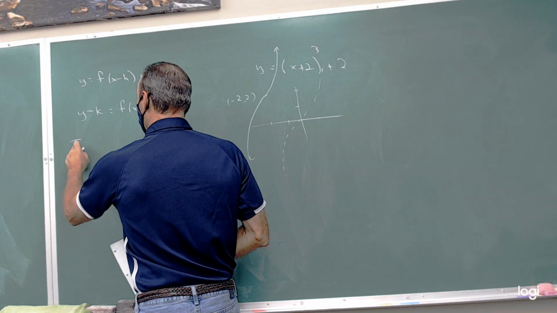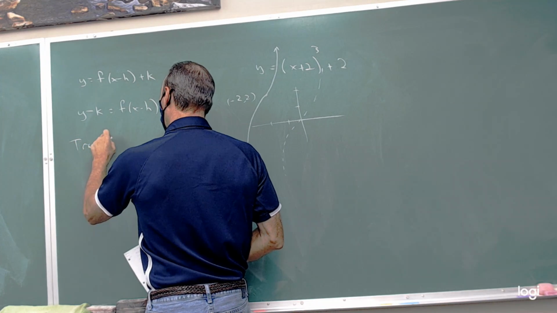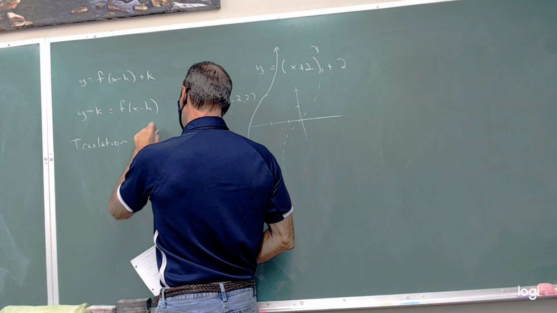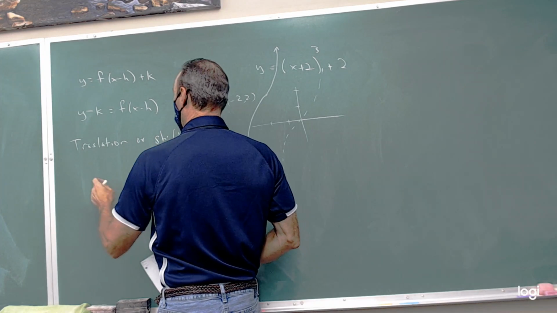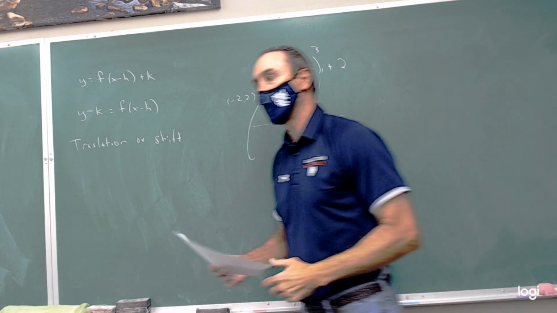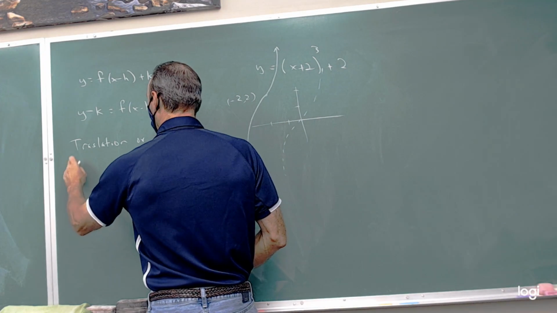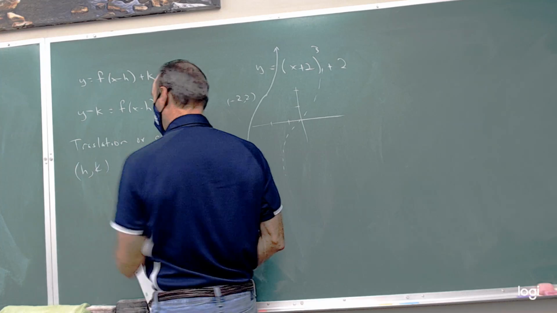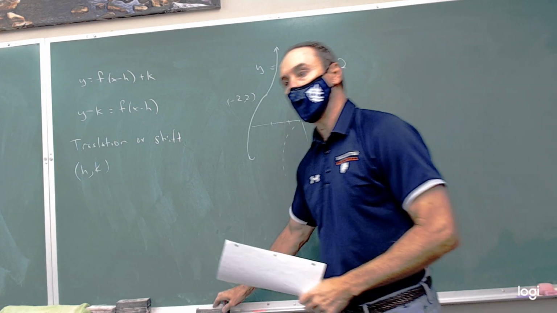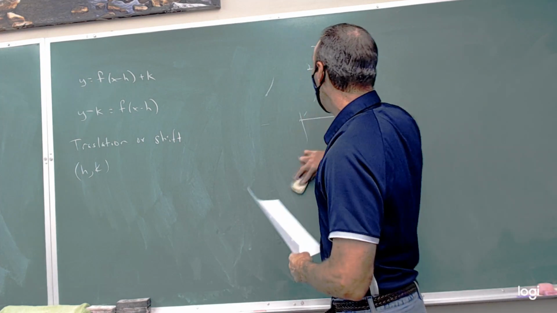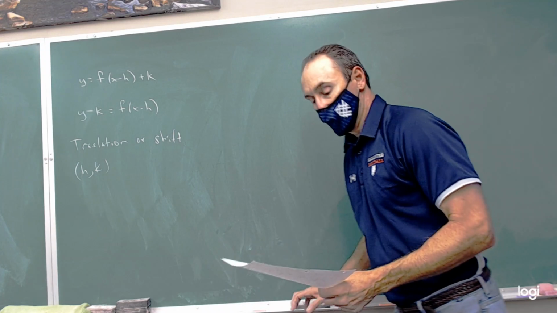So that's a translation or a shift, and I'll just write it as h, k. So it's going to move it h in the x direction and k in the y direction. Okay?